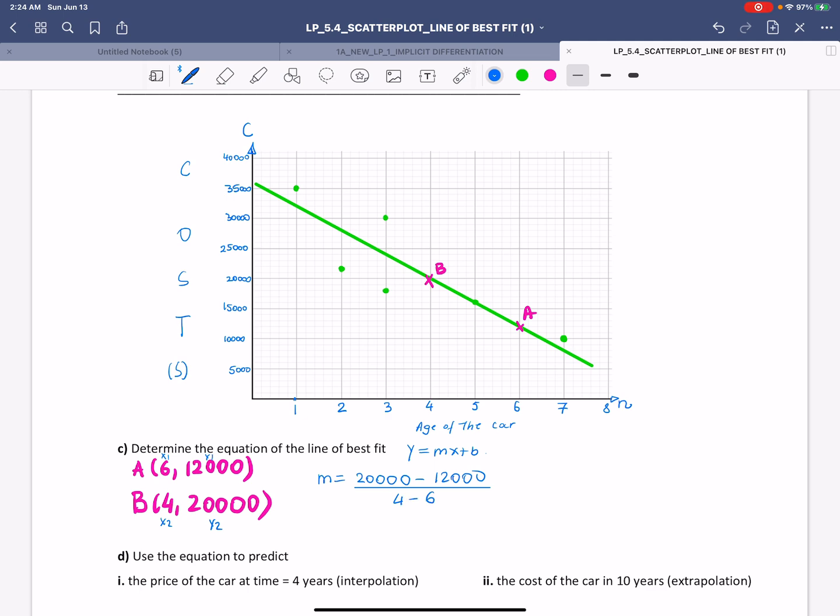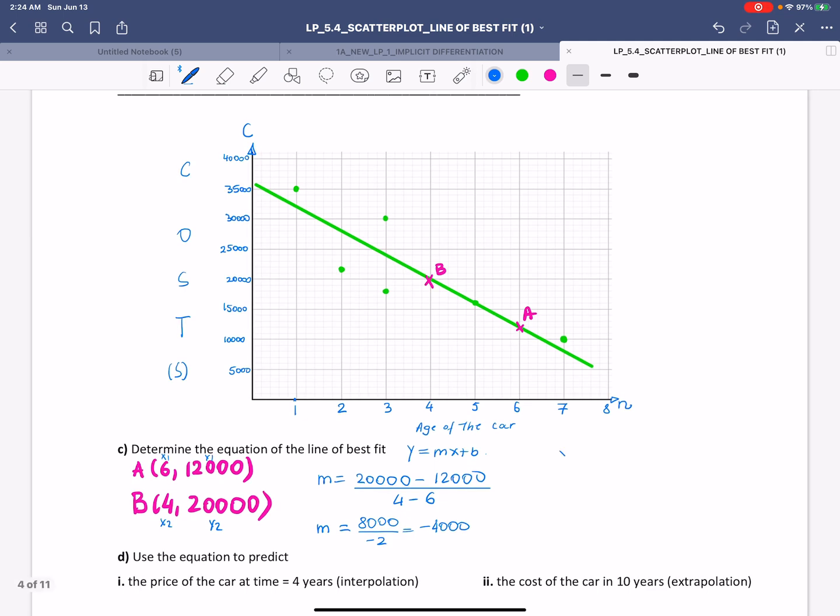Now, I want you to think in the meantime, would you expect to get a positive or a negative slope, and a positive or negative answer here? So dividing by negative 2, we got negative 4,000. So we'll say the slope is negative 4,000.